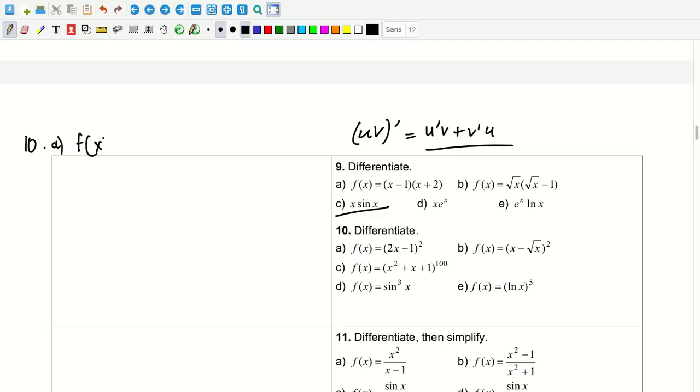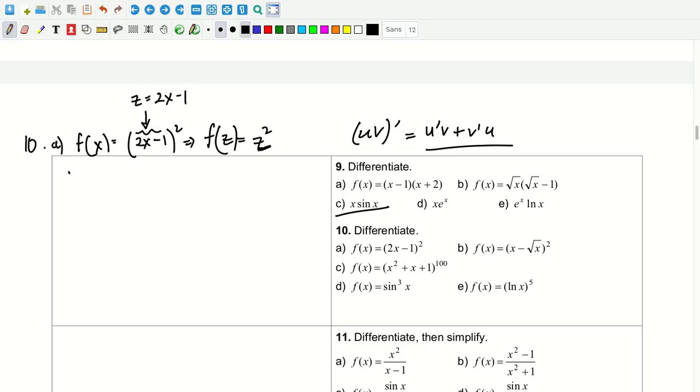F of x equals 2x minus 1 squared. Okay, so I'm going to let this whole thing equal to z, or z if you're American. And so this becomes a function of z, and it becomes z squared.